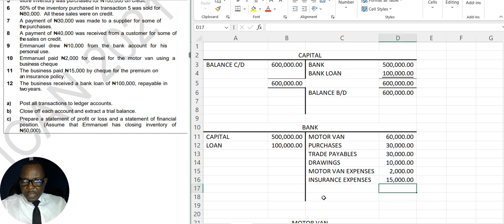All right, the balance here will be what? Balance here, use your calculator to sum it up. The balance here will be, here's my calculator.